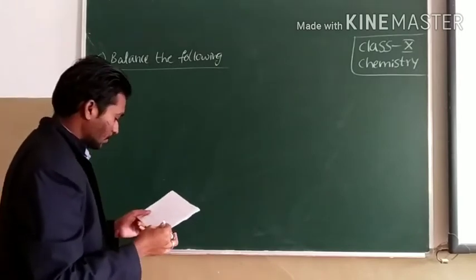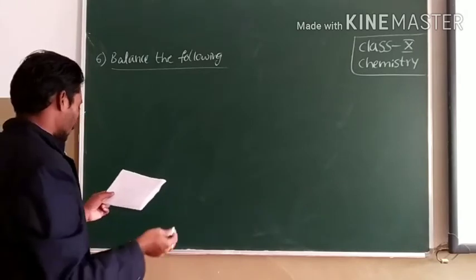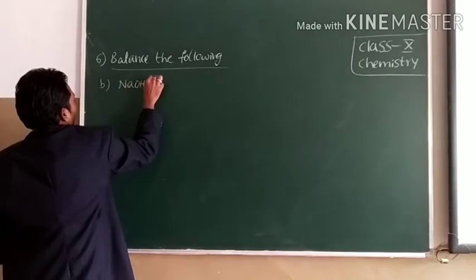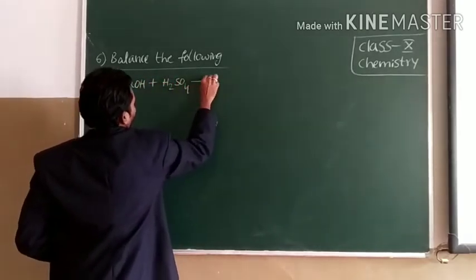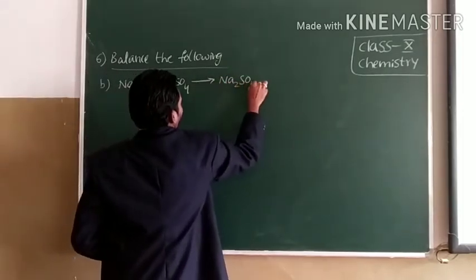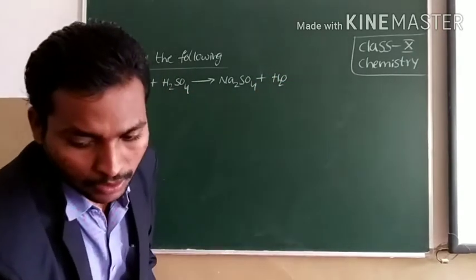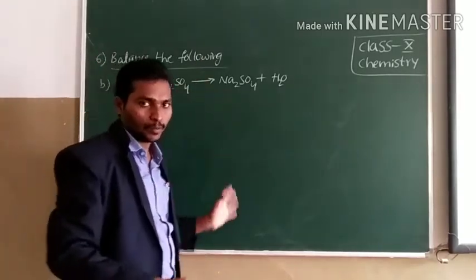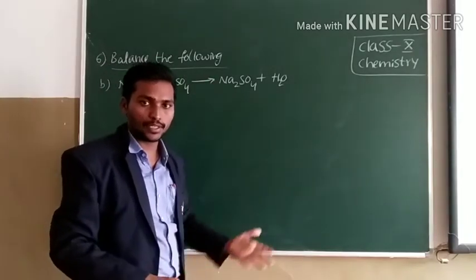Let's see the equation. I am going to explain B from question number 6. NaOH plus H2SO4 gives rise to Na2SO4 plus H2O. In the earlier question, they had given the chemical names of the compounds. We wrote the chemical formulas of the compounds and balanced the equation.